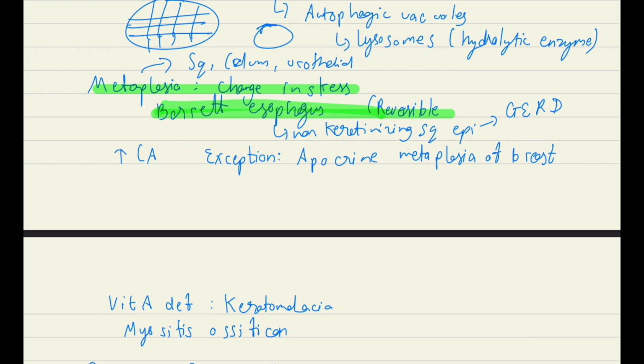Non-keratinizing squamous epithelium is designed to handle the friction of food, but it is not designed to overcome acid production. To adapt to the acidic environment, it changes into columnar epithelium. What kind of columnar epithelium? Non-ciliated mucin-producing columnar epithelium. We can also see goblet cells in it.